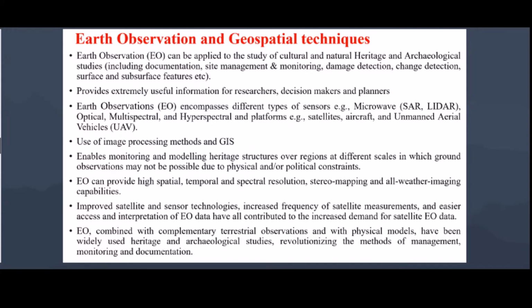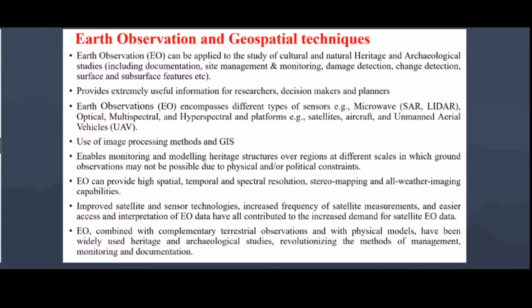Therefore, a new light is shed upon these features, and this permits investigators to discover features that are too obscure, maybe under soil or vegetation cover, and they cannot be otherwise detected. So these kinds of features will be seen by the infrared sensors or the microwave sensors or the laser sensors.